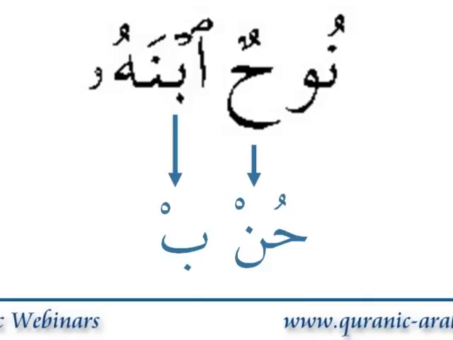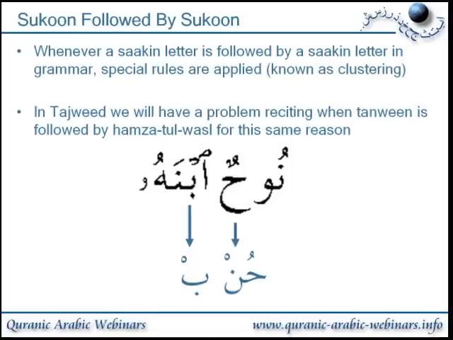But in this case we cannot, because there are certain nouns in Arabic which begin with Hamza-Tul-Wasl, but you cannot give it an initial sound. So this is nu, hun, and then we don't know how to connect it with the ba, which is sakin. So that's the problem, and now we'll look at a resolution to it.